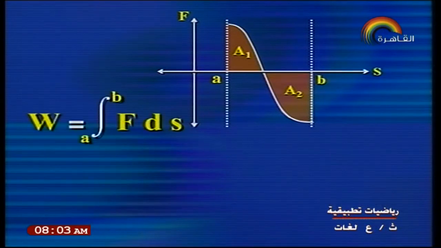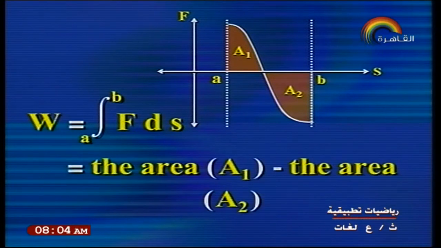We can find the work done by the force using W equals the integration from A to B of F ds. By using area, we find the area of A1 minus the area of A2. Then we note that the work done by the force from A to B represents the area of the shaded region A1 minus the area of the shaded region A2.